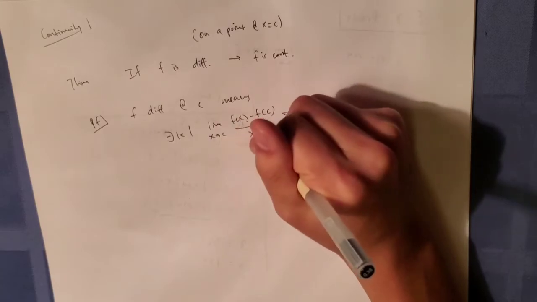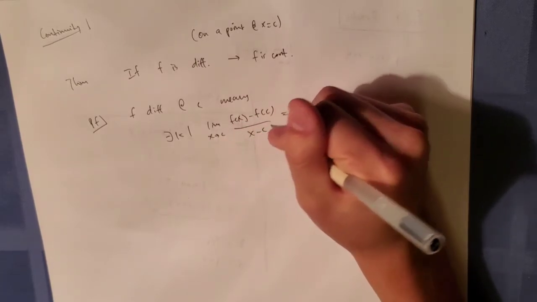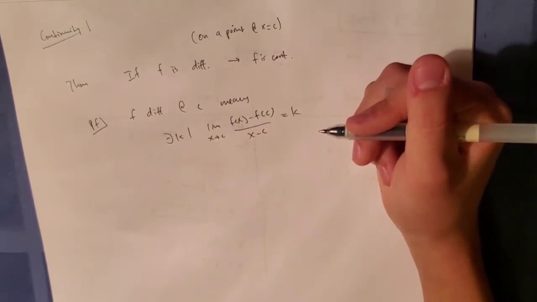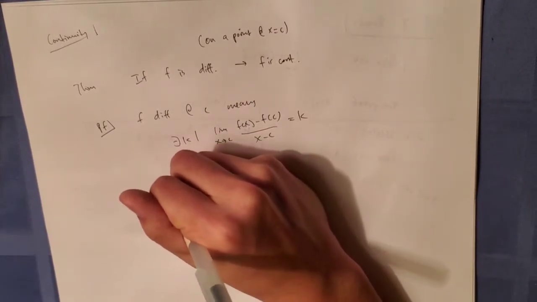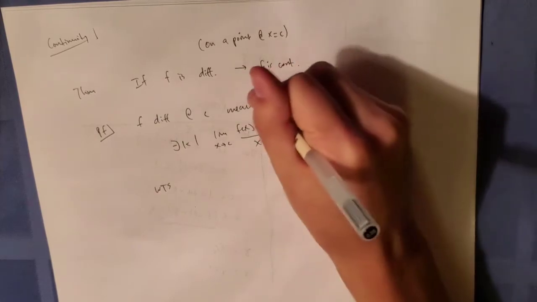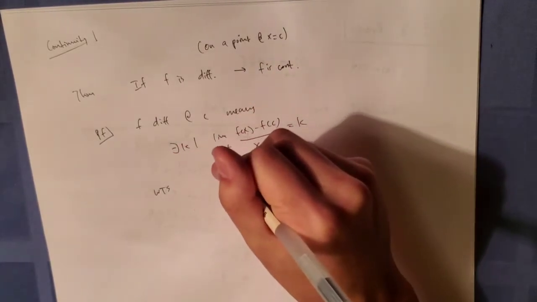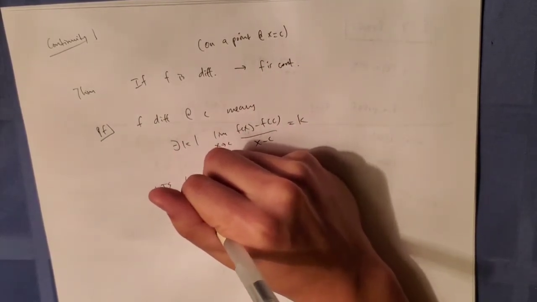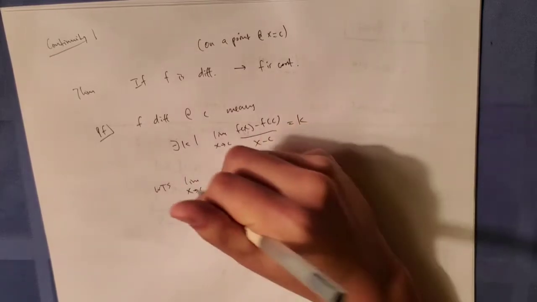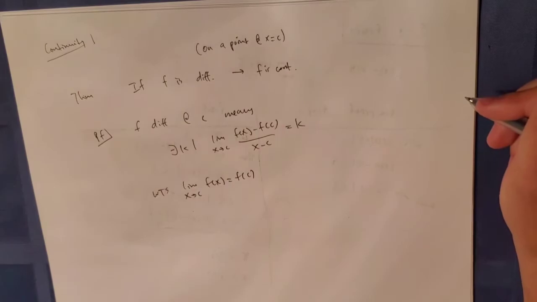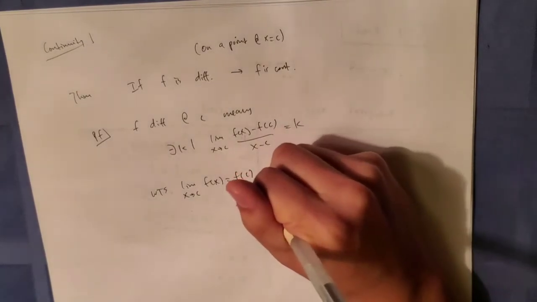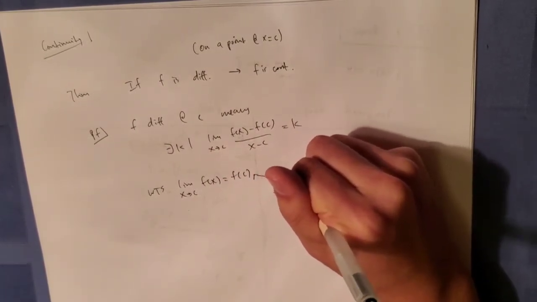We're using this definition because we want to express x and c in a single limit. So we want to show our then part, our f is continuous part, means we want to show that the limit as x approaches c of f of x equals f of c, right? That's what continuous means. Notice how this is a constant, right?